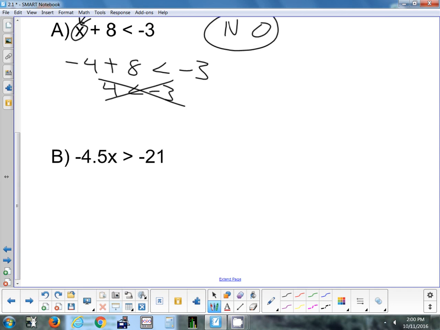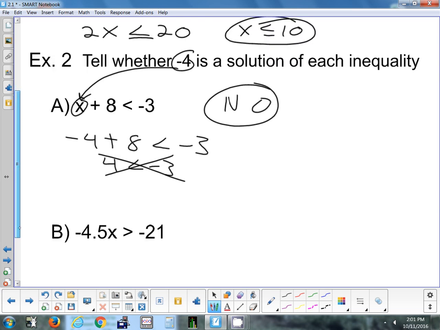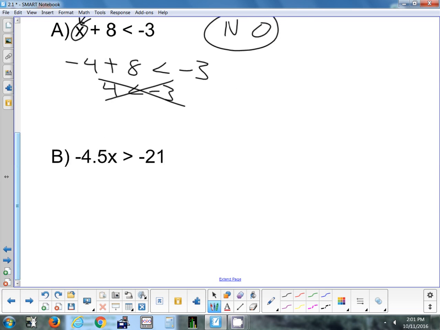So what did we do with negative 4 in that first one? Yeah, we put it in where x was. So we're going to do the same thing here. Take negative 4, plug it in for x and see what happens. If we get something that's true, then we know yes, it's a solution. If we get something that's false, like we did last time, it's not a solution.